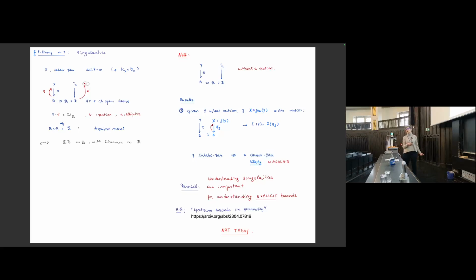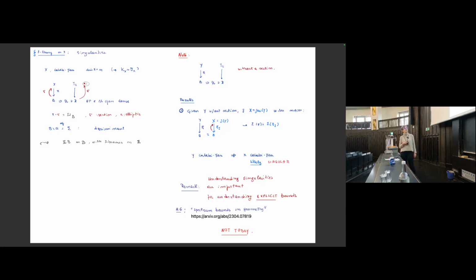But this Calabi-Yau is likely singular. Even if we start with something smooth, the one we get here generically will have isolated singularities which cannot be resolved without breaking the supersymmetry. So understanding the singularities on this particular Calabi-Yau, when we have this section, singularities of the type I will talk about, is important also to derive information on the original Calabi-Yau, especially when we want to understand explicit bounds on the gauge group and on the spectra, essentially.